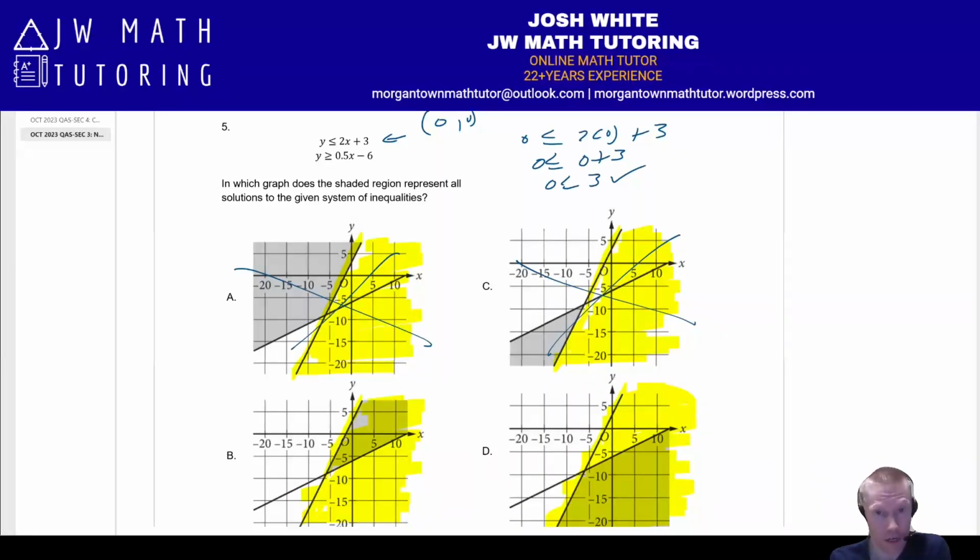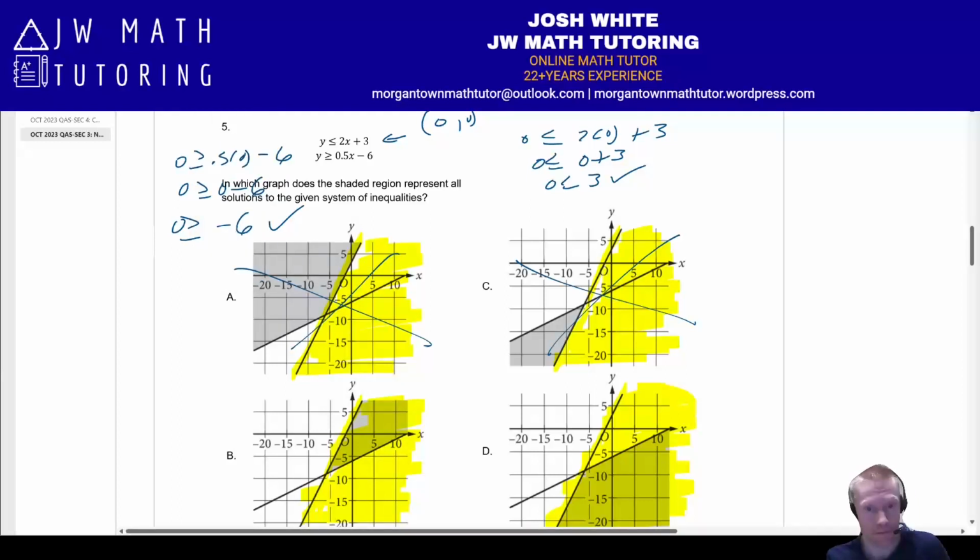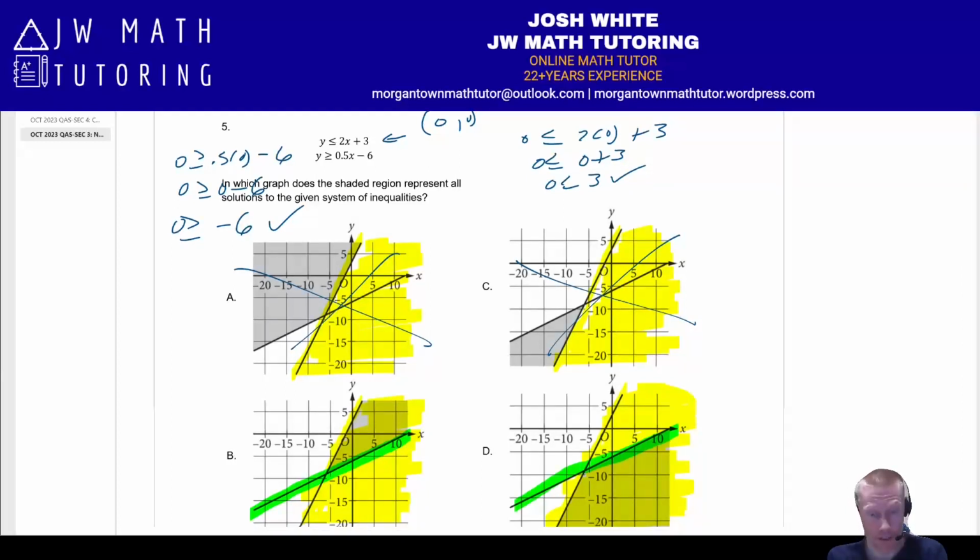Now, looking at the other one, if I plug in the same point, 0, 0, 0 is greater than 0 minus 6, 0 greater than or equal to negative 6. That is a true statement. That means for the other line, which I'm going to trace out in green here, I'm going to shade above it because 0, 0, right here at the origin, is above the line.